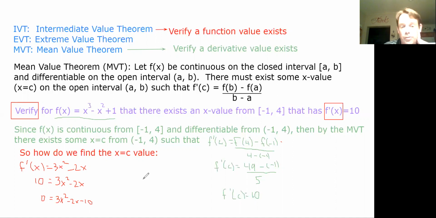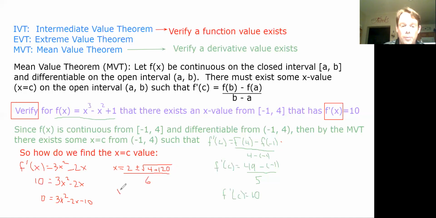And then from there, we go ahead and do the quadratic formula now. I'm going to actually do it this time. We didn't do it with Rolle's theorem, but I do want you to actually see how this whole thing plays out. So x equals negative b plus or minus the square root of b squared minus 4ac all over 2a. That's 120 in there, divided by 6.